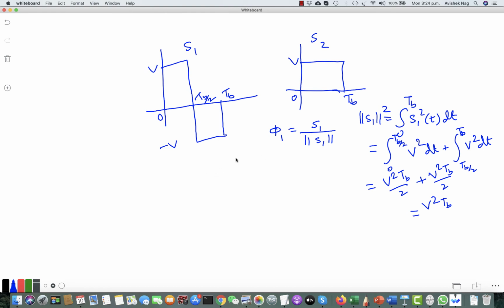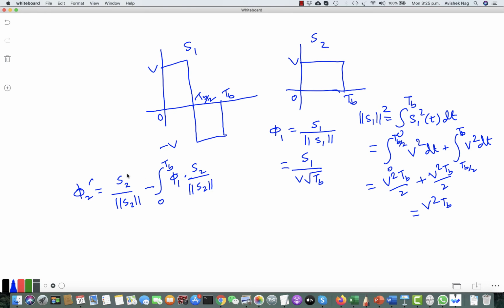So the norm of S1 is the square root of that. So you obtain your phi 1 again as S1 divided by V root TB. Now what will be your phi 2 dash? Phi 2 dash is S2 divided by the norm of S2, minus the projection part. So I can write it like this: the projection of S2 on phi 1, divided by the norm of S2.